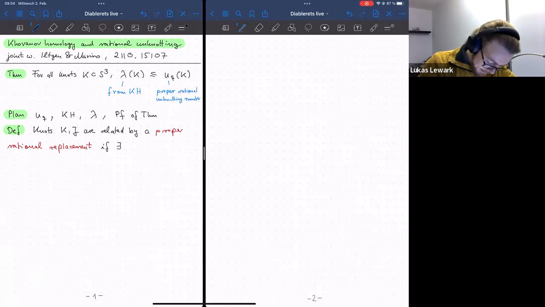So more precisely, if there exists a 3-ball B in the 3-sphere such that outside of the 3-ball, the knots look the same.